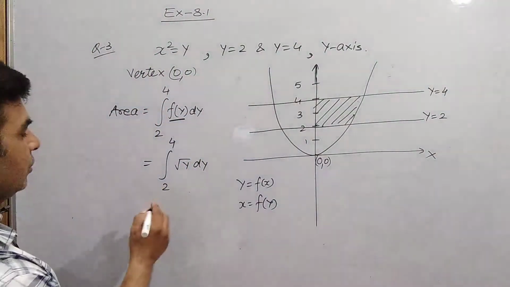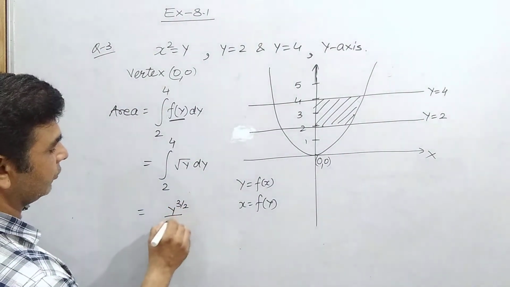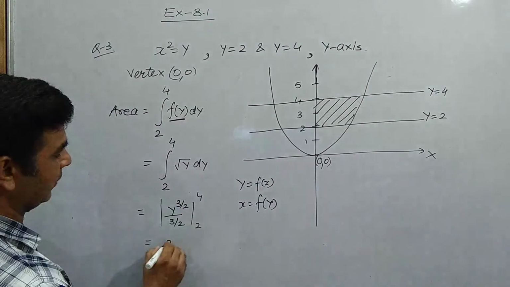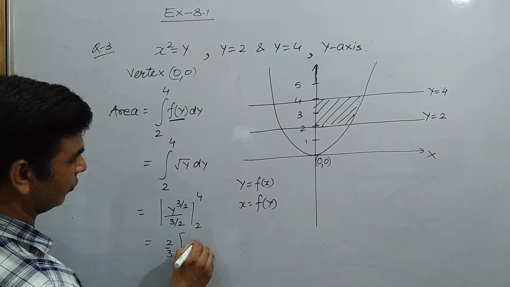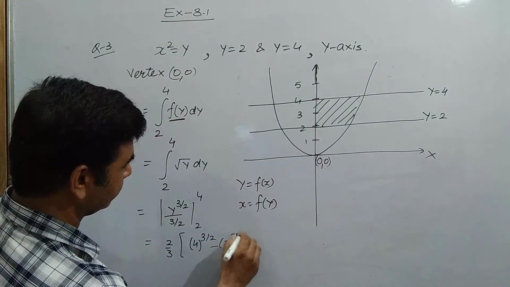Now we need to do the integration, and this is given by y to the power 3 by 2 upon 3 by 2 going from limit 2 to 4, and further it can be written as 2 by 3 of 4 to the power 3 by 2 minus 2 to the power 3 by 2.